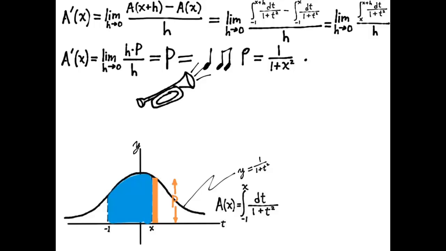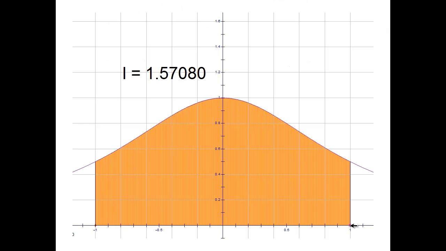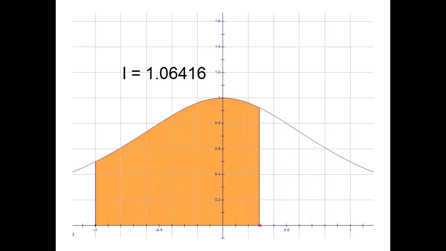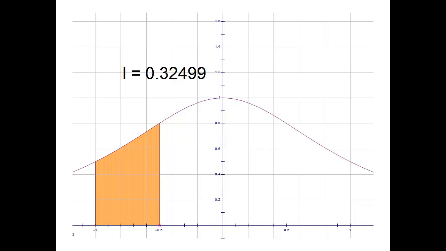Basically, the rate of change of the area function is the height of the curve right over the place where x is. And that actually makes sense if you think about it. Let's go back to this picture and think about why it should be true that the rate of change of the area function is equal to the height of the curve.